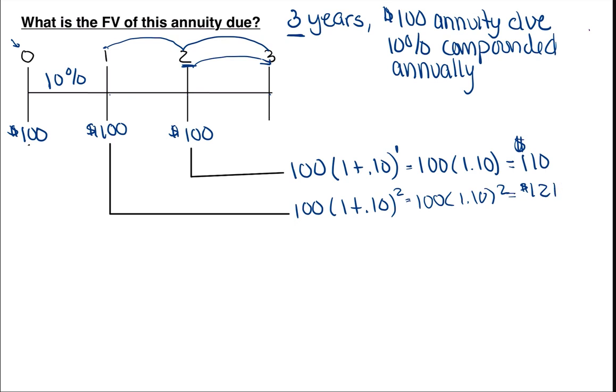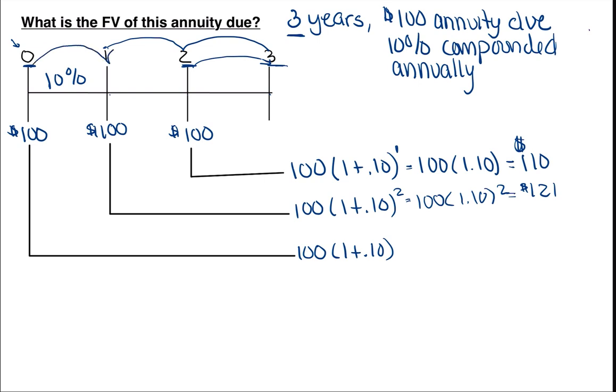And then we'll come down and do this $100. So again, I have my $100, 1 plus my rate. And now, how many compounding periods do I have to go? If we're starting here at 0 and we have to go all the way to 3, it's going to be 1, 2, 3 compounding periods.